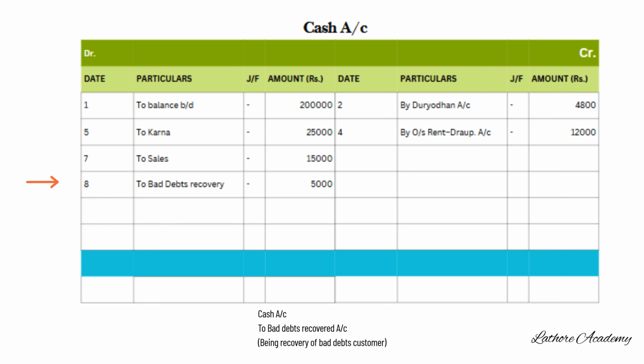So while posting, cash debited to bad debts recovery account. Students, you should not make mistakes here: since it's a bad debt recovery, you should give credit to the bad debts recovery account and not to the debtor account. Please refer to our journal entry problems and discussions, and you will be able to understand properly.